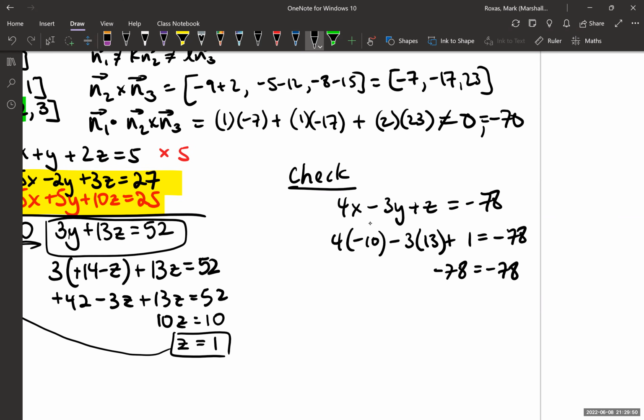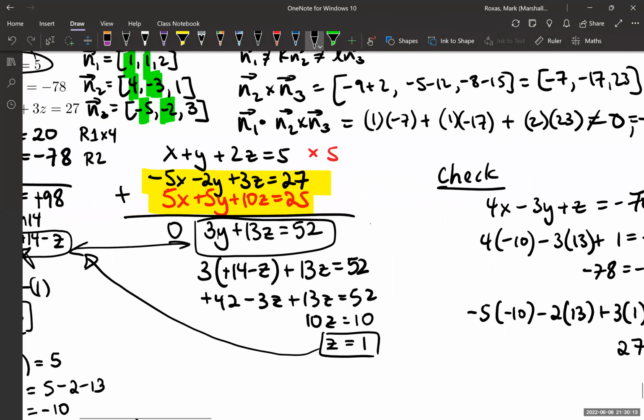And you check the other equation, minus 5x minus 2y plus 3z: minus 5 times negative 10, minus 2 times 13, plus 3 times 1. Is that equal to the right side, 27? If you evaluate the left side, yes, it does. 27 equals 27. This is a very important step, more so than ever before.